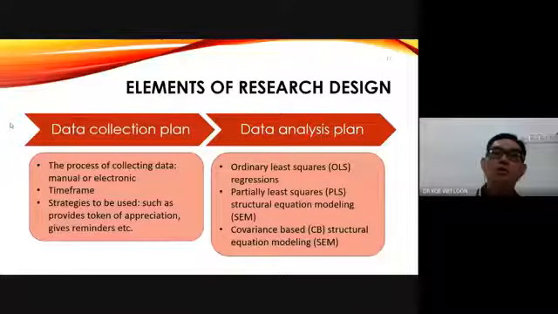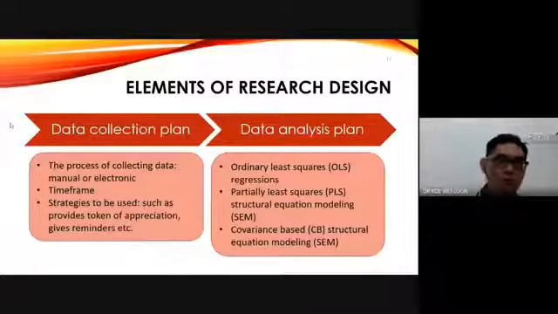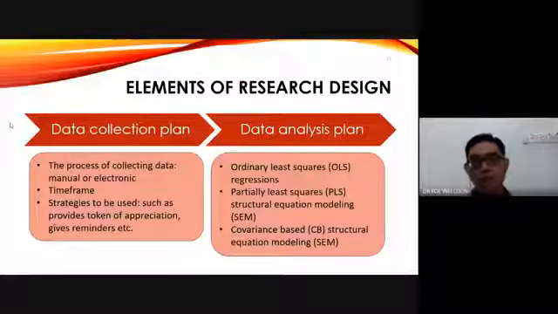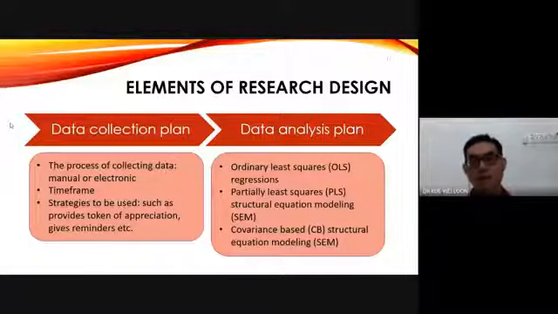Are you going to distribute the questionnaire manually, or are you going to distribute the questionnaire electronically? You have to write it down. And then how much time is given to the respondents? 1 week? 3 days? Are you going to give them reminders? So all these things, you have to write it down in your data collection plan.